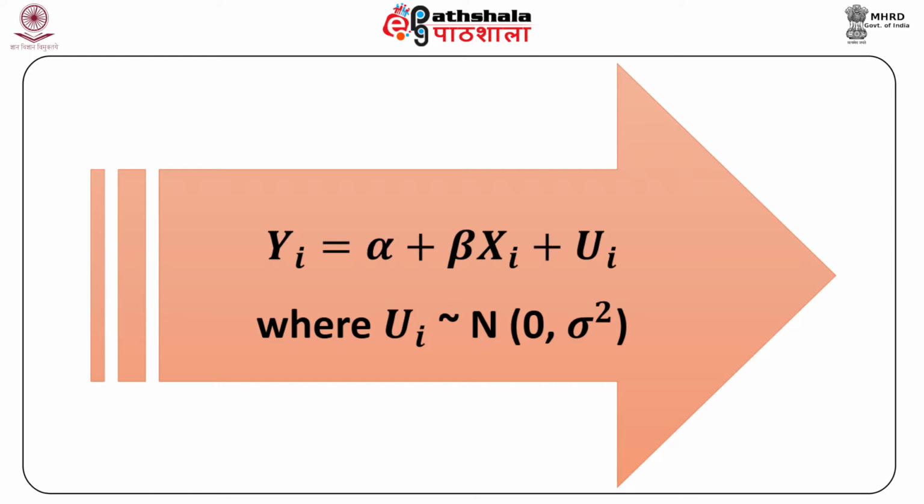That is, normally distributed with 0 and sigma square. The principal reason behind this assumption lies in the central limit theorem, also known as CLT, and we can define this CLT later on.